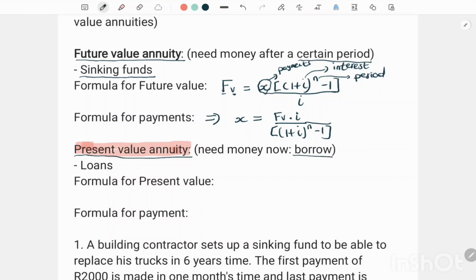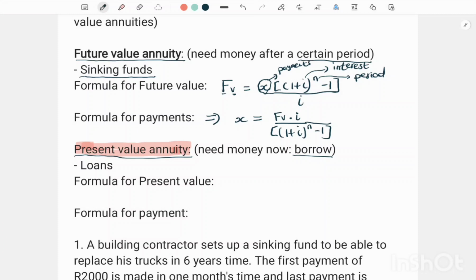You borrow money. That's usually the loans. It is the present moment. You are desperate and you need money now. So it is a present value annuity.